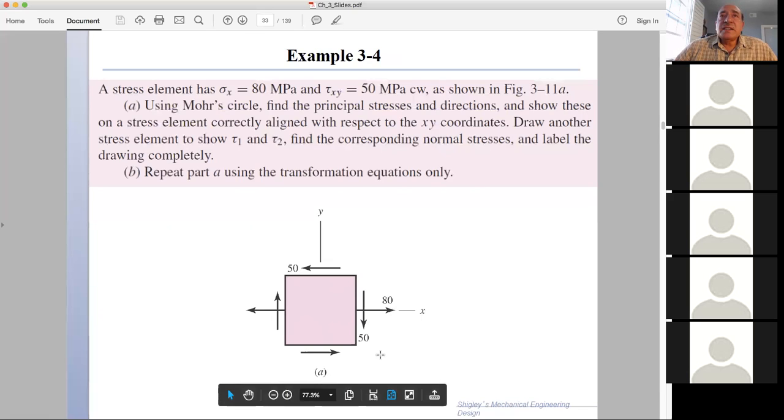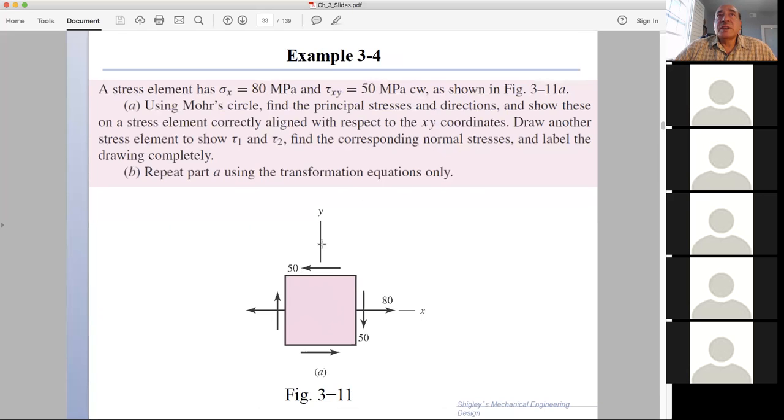If you look in here, I have sigma x is 80, and tau xy is 50, and it says clockwise. So 50 clockwise going down. And of course, it has to be balanced by 50 counterclockwise associated with the y component.